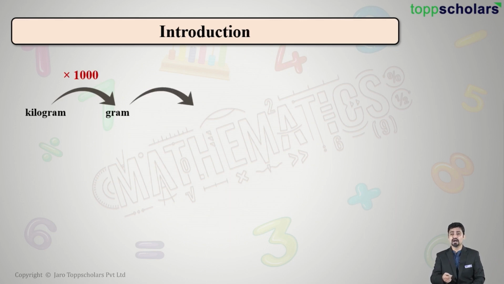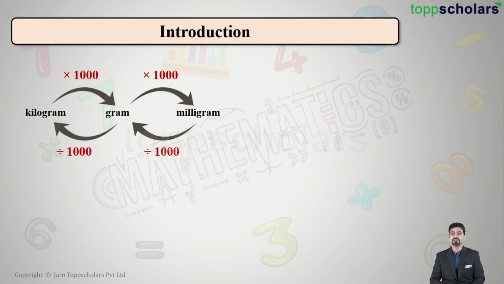To convert gram into milligram, we will multiply again by 1000. In the other way, if I have to convert milligram back to gram, what will we do now? We will divide by 1000. And to further convert grams back into kilogram, again divide by 1000.